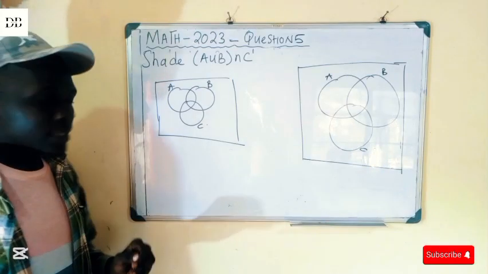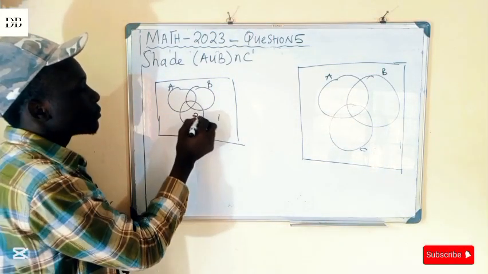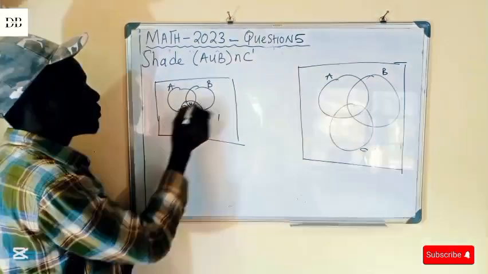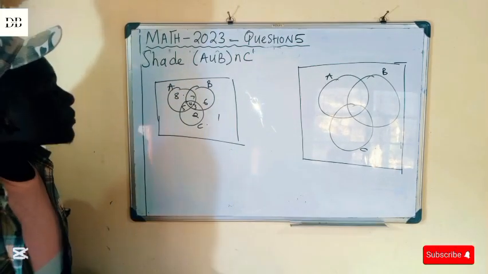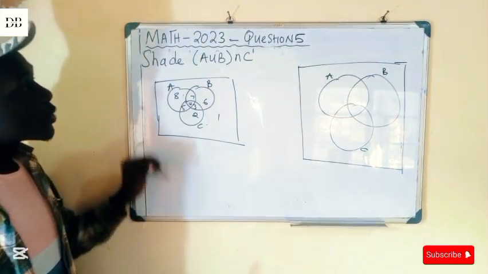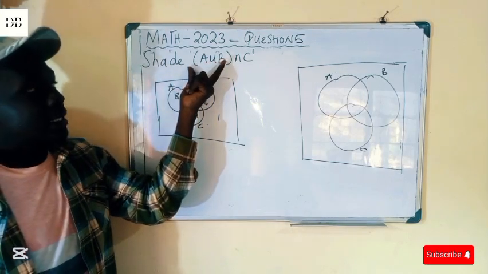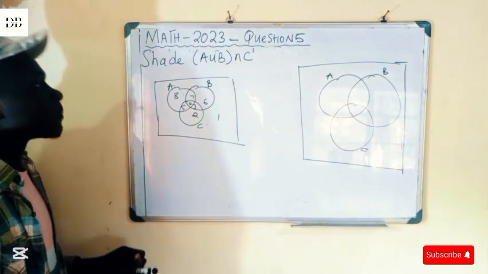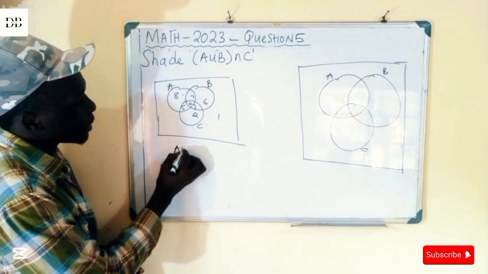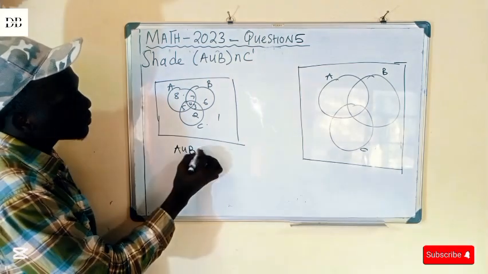We assign numbers as well. And then what we'll do is first find this that is in the brackets and then intersect it with the C complement. So say, what is our A union B?